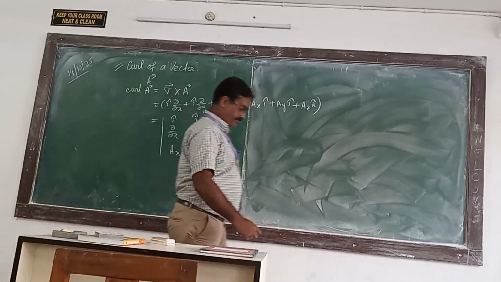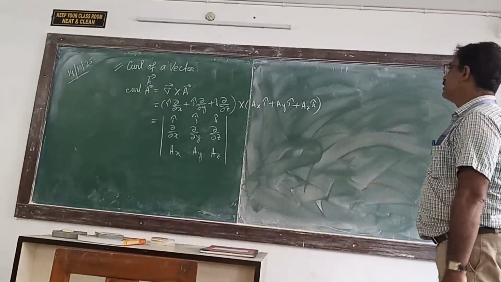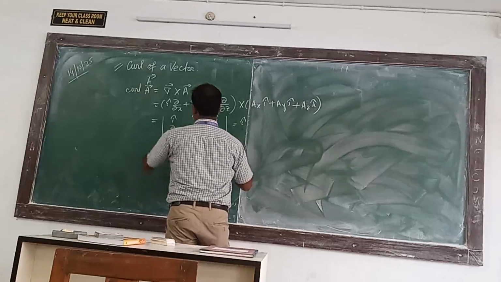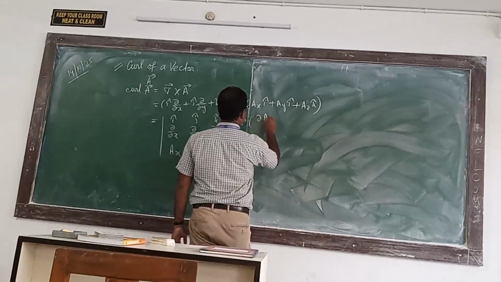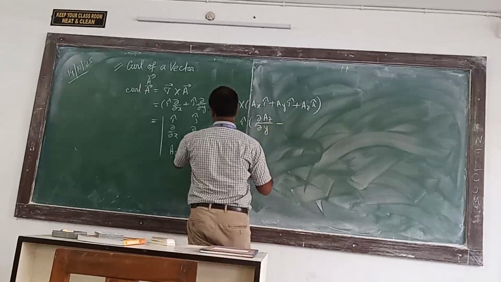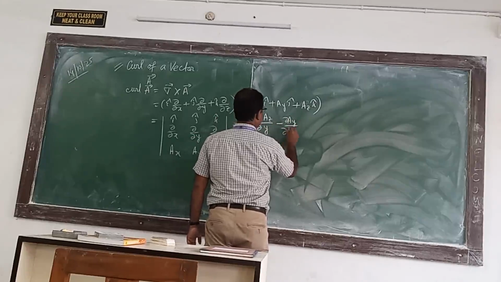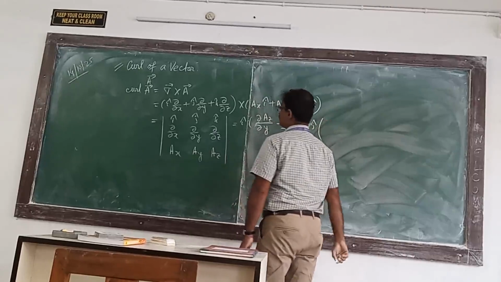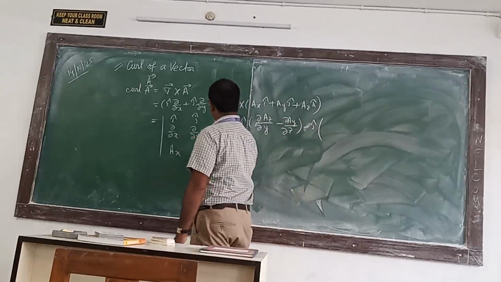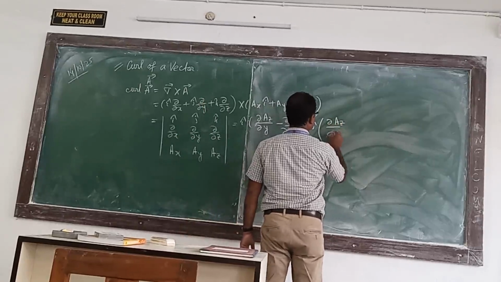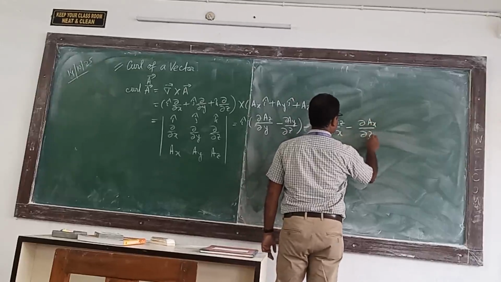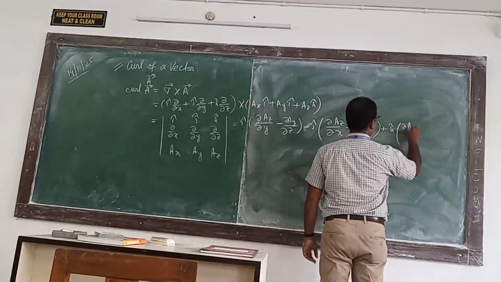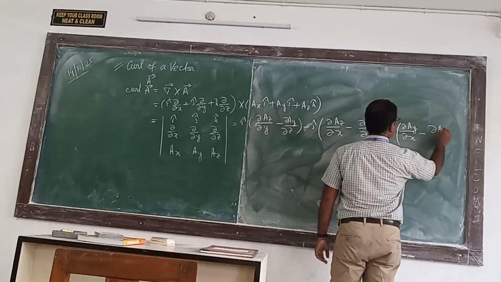This equals i cap (del Az/del y minus del Ay/del z) minus j cap (del Az/del x minus del Ax/del z) plus k cap (del Ay/del x minus del Ax/del y).